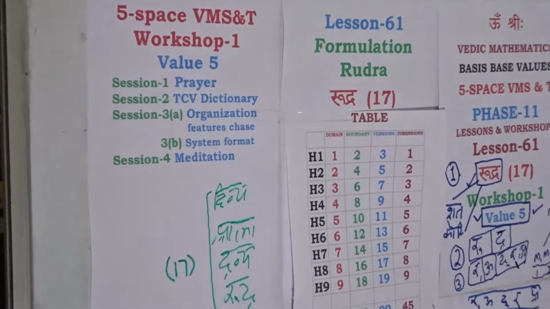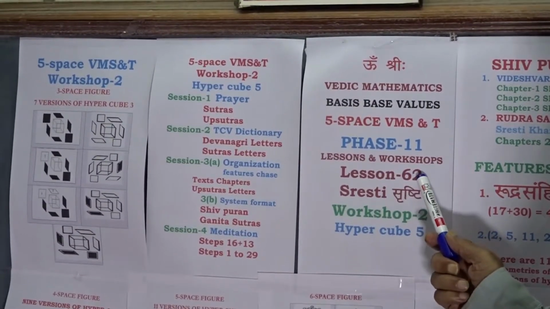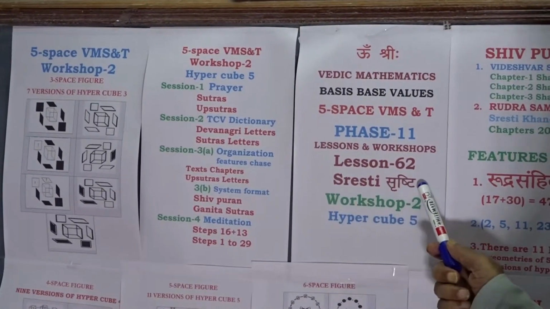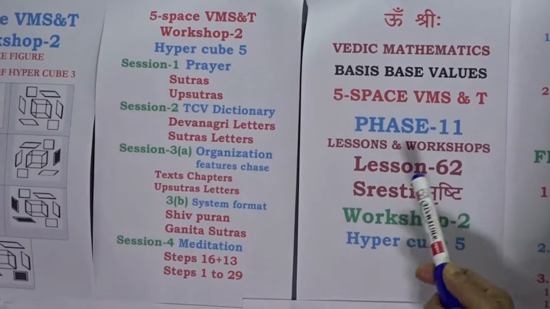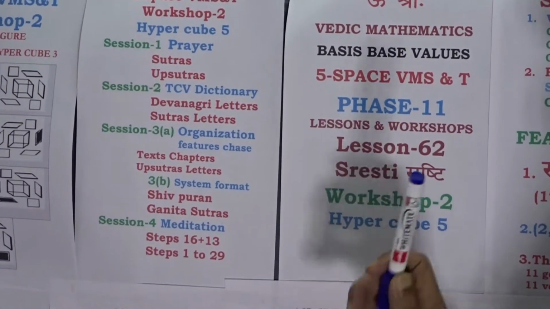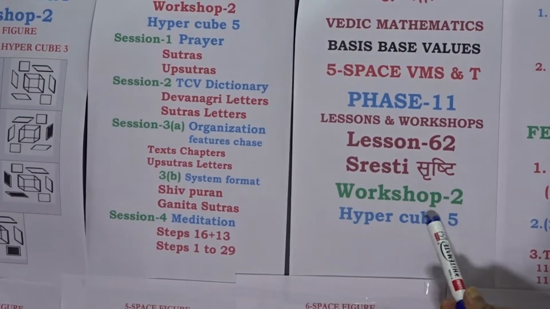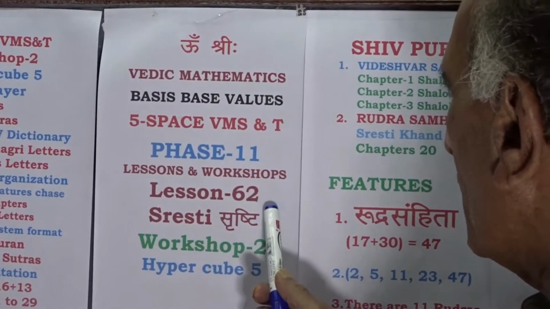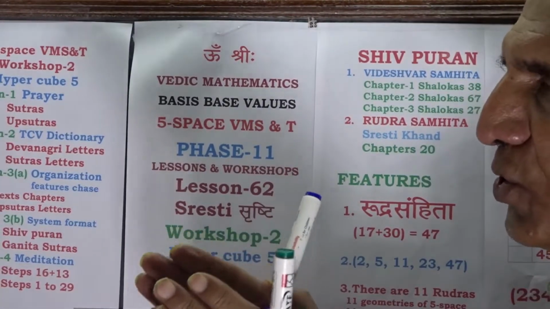Here today in lesson 62, the focus is going to be upon the formulation Srishti, and the workshop focus is going to be upon hypercube of 5. As such, hypercube 5 and previously value 5, and now the formulation Srishti and previously the formulation Rudra.